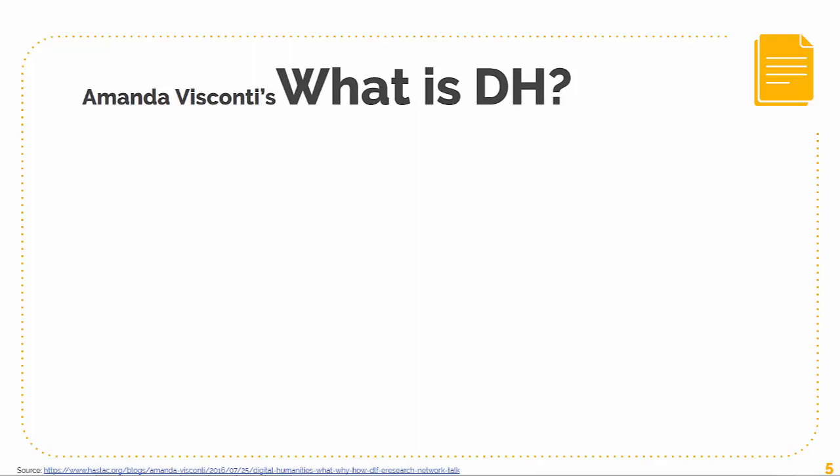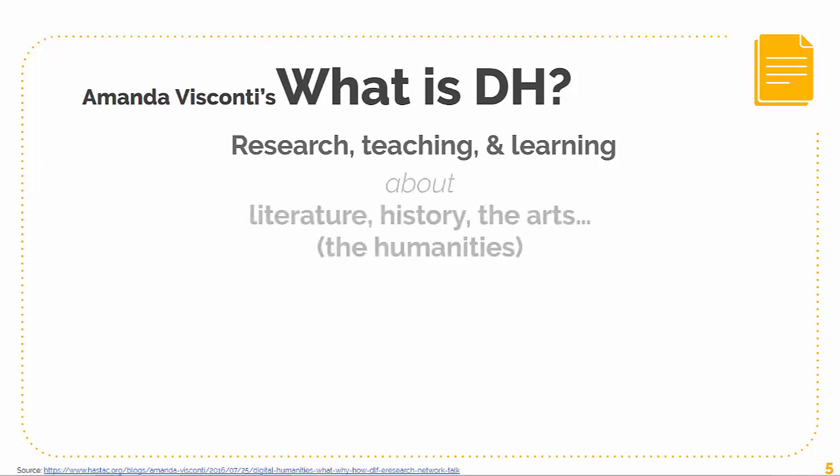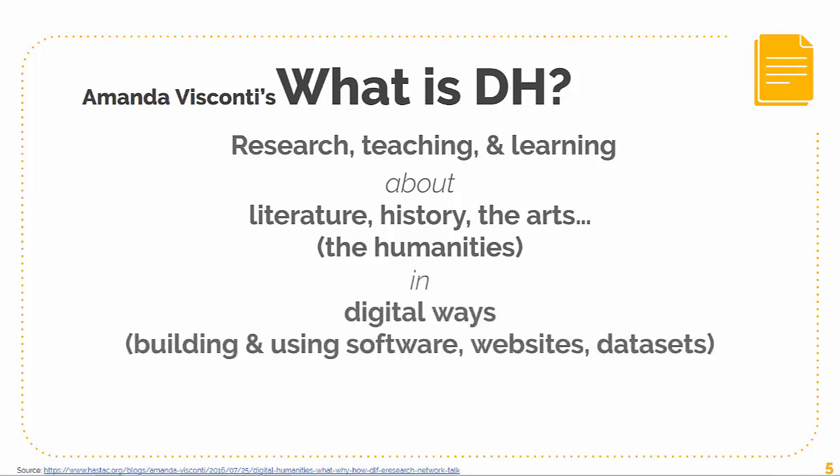Because of this, I think it's best to take a look at a definition that's broad, simple, and serves as a good starting point. I especially like the digital humanist Amanda Visconti's definition of what DH is. So in asking what is DH, Visconti states that DH is research, teaching, and learning about literature, history, the arts, so the humanities, in digital ways, so building and using software, websites, and data sets.